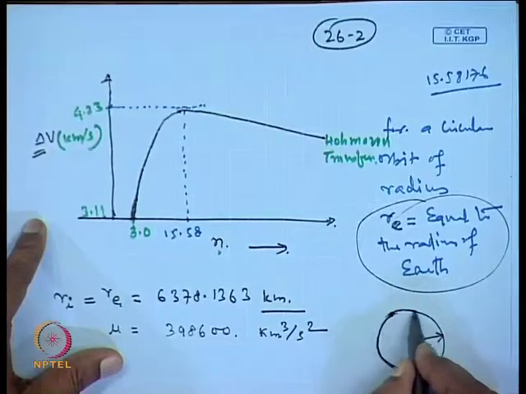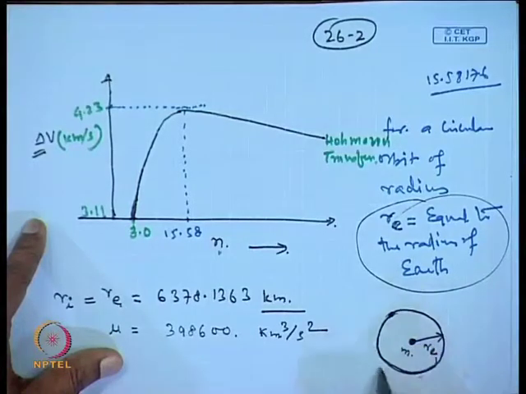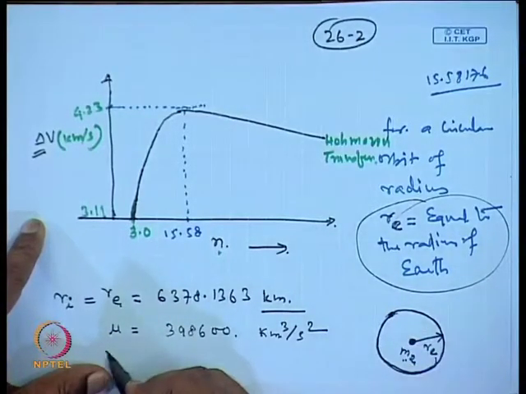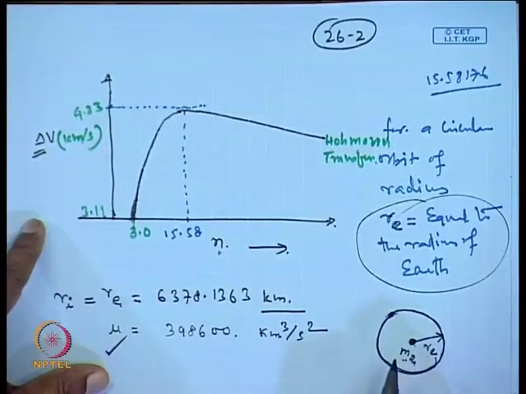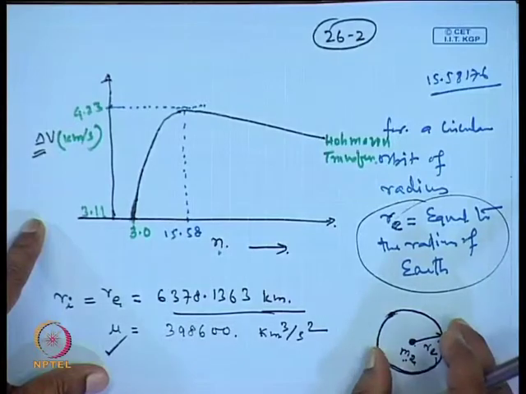Obviously, if the earth is there, then you cannot move through it, but this earth can be assumed to be a point mass m here, and then some satellite is moving at the same radius. So, this is the mass of the earth, and mu is given to you. This is the value of mu for the earth. This radius is available here. Now, based on this we have got this result.